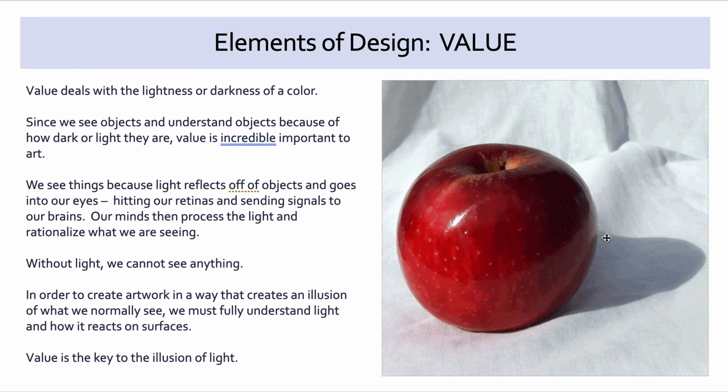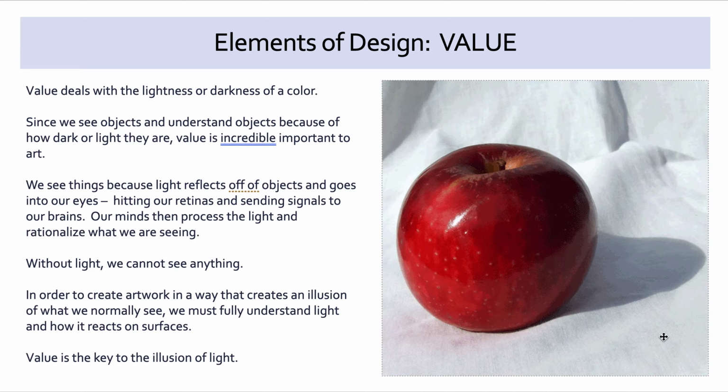So when we see these things, because of the way light reflects off objects, in this case you can see that bright gash on the apple. That's where the light is hitting it. Let's just say it's a studio light. The light's hitting it here, and that's why it's brightest. That's why it's bright white, because there's the most light hitting it. As we move away, the light starts to bounce and it starts to soften. And then where the light isn't hitting it, it's dark.